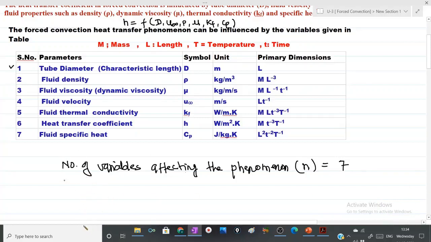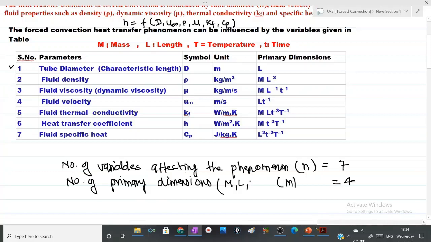And the number of primary dimensions, represented by small m, are 4. What are those primary dimensions? M, L, capital T as a temperature, and small t as a time. As you can see here, all these primary dimensions of all these 7 variables can be represented in terms of M, L, capital T and small t primary dimensions.